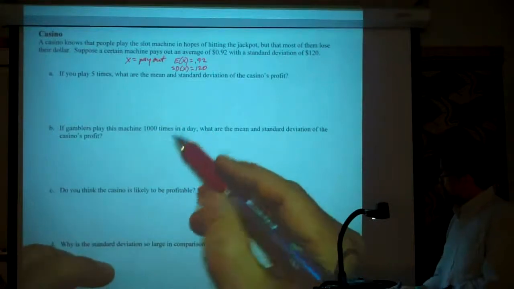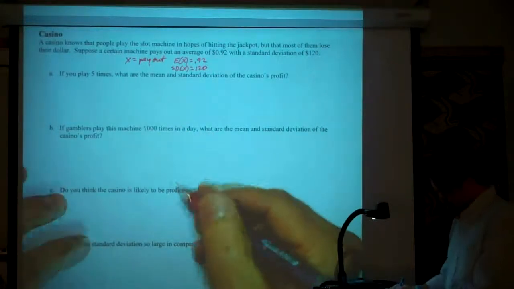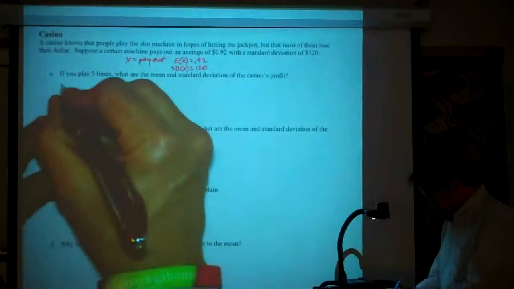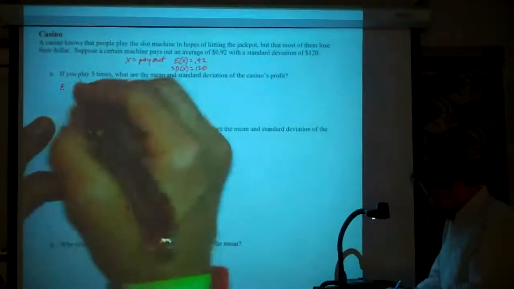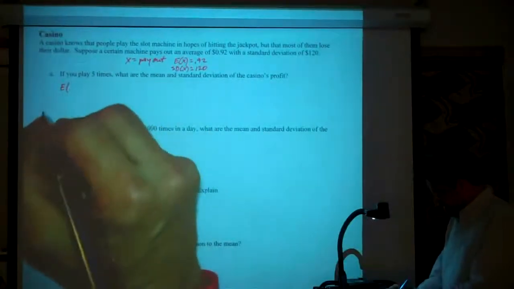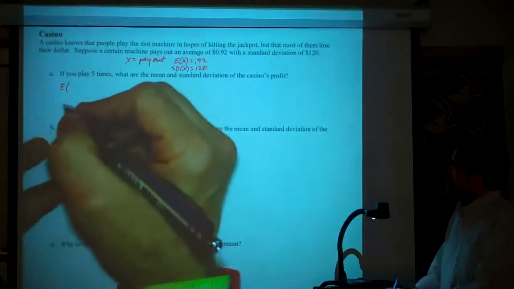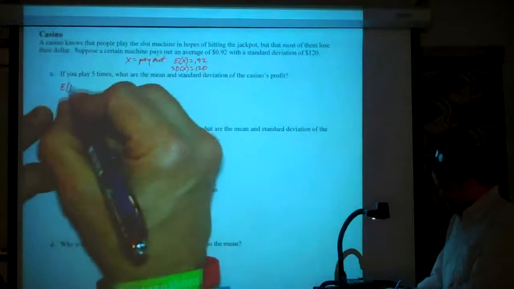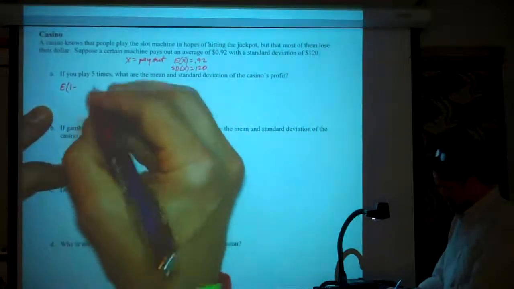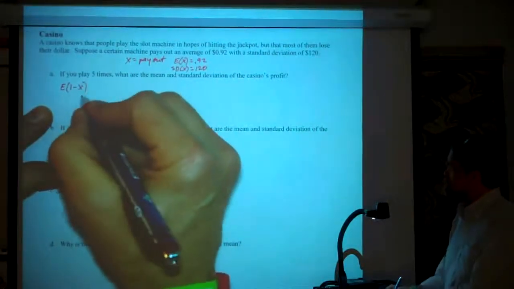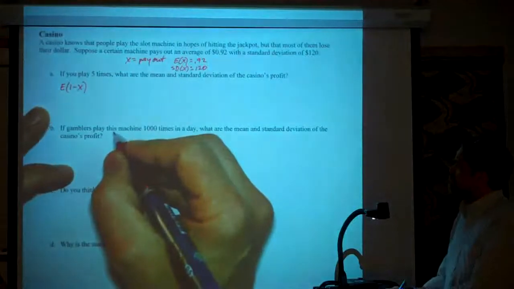Now we need to look at the profit. So the expected value of the profit, well, the profit would be $1 minus the payout, right? So it's $1 minus x. Okay?